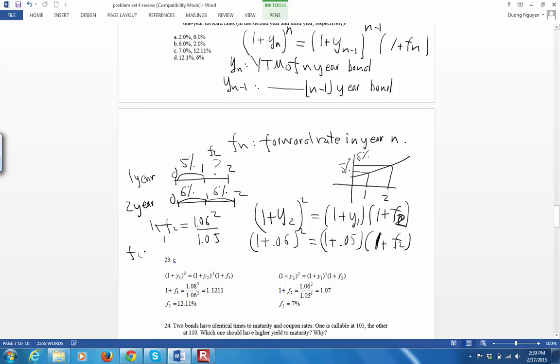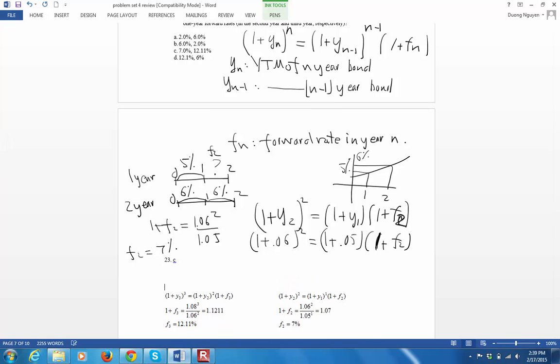So f2 equals this minus 1, which equals 7%.